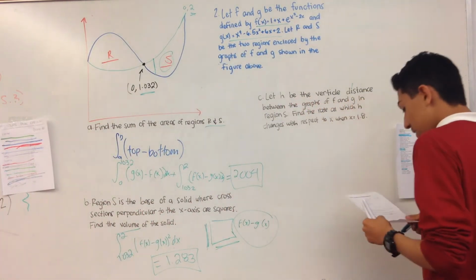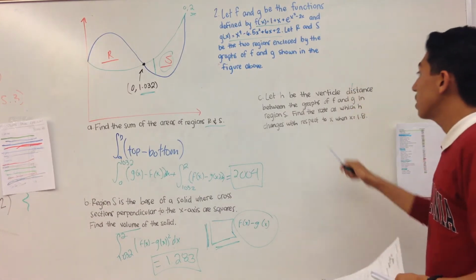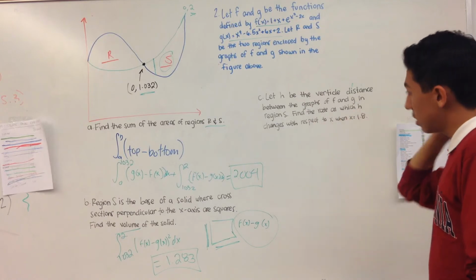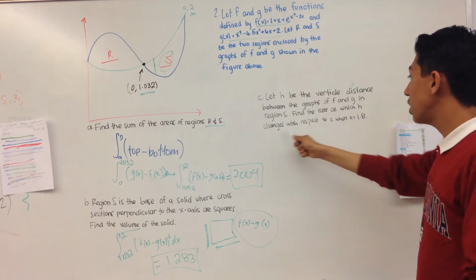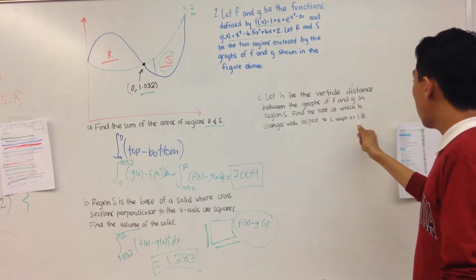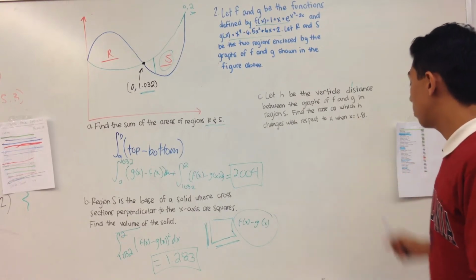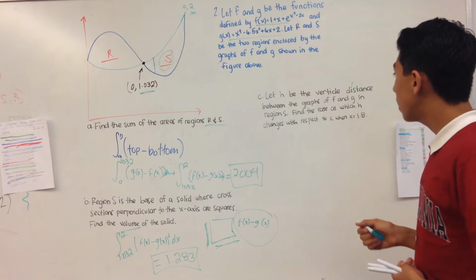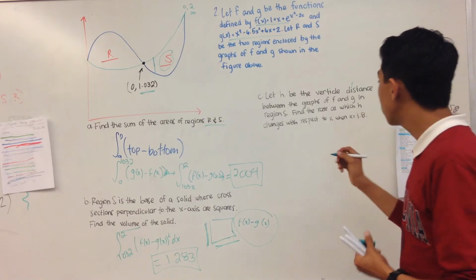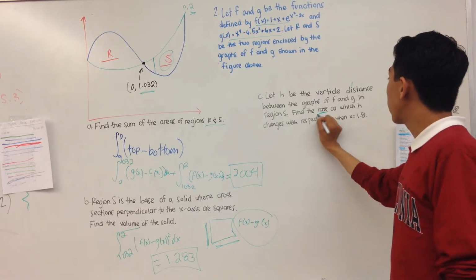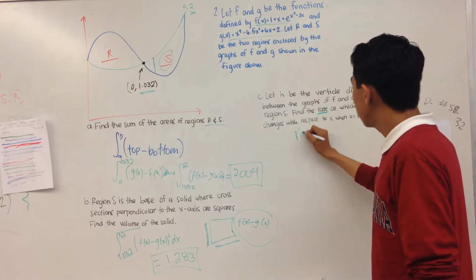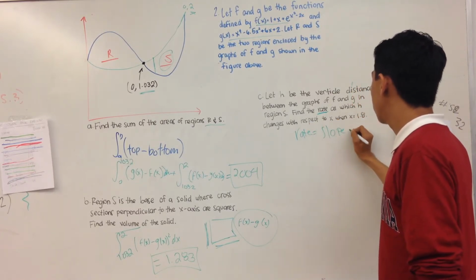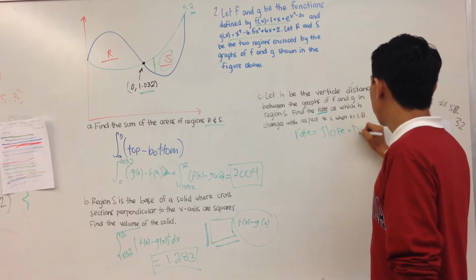Okay. Now for C, C is asking us: let H be the vertical distance between the graphs of f and g in the region S. Find the rate at which H changes with respect to x when x equals 1.8. So in this question, we need to find the key terms. One key term is find the rate. A rate in this case is a slope, which is also a derivative.